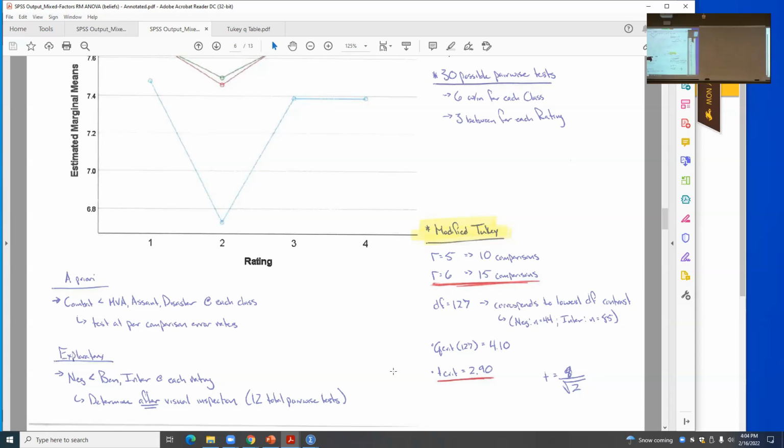Okay. So if I take a look and I say, what if I set R equal to 5? Remember that this is R minus 1 over 2. Okay.